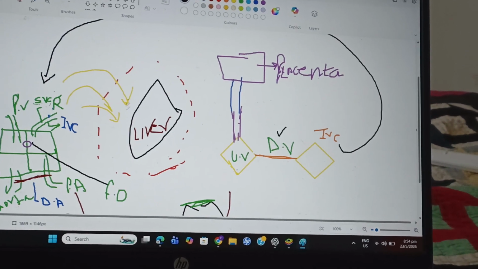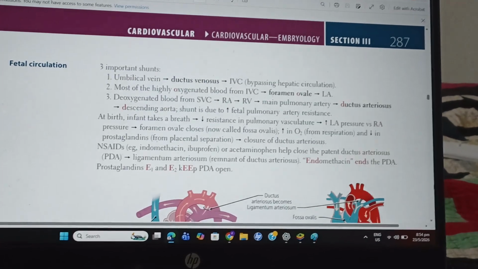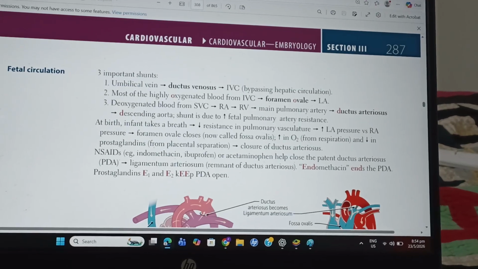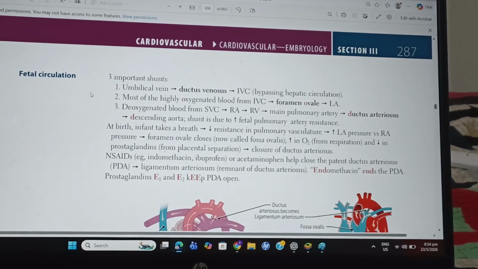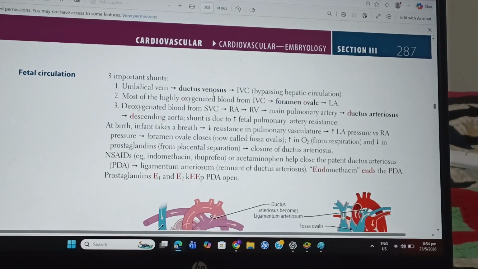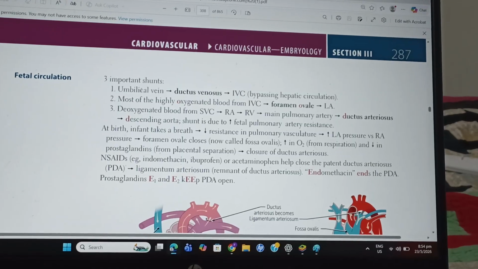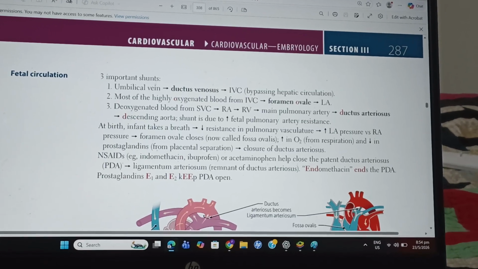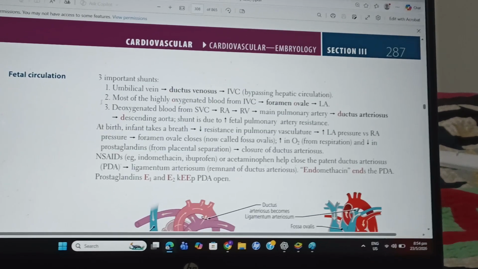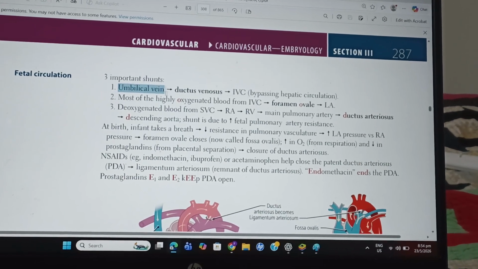So if we talk about the first stage, it will be very simple for us to comprehend and understand. This is fetal circulation, and there are three shunts we are talking about. The first shunt is ductus venosus. This shunt helps blood transmit from the umbilical vein to the inferior vena cava. The umbilical vein is coming from the placenta.